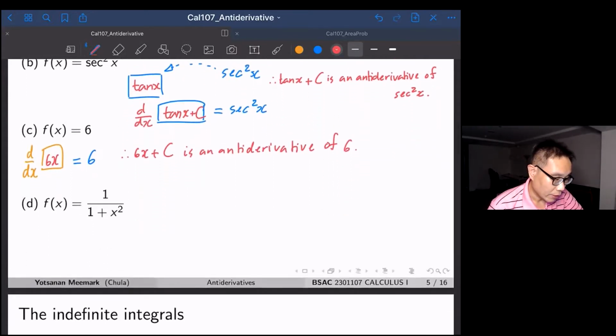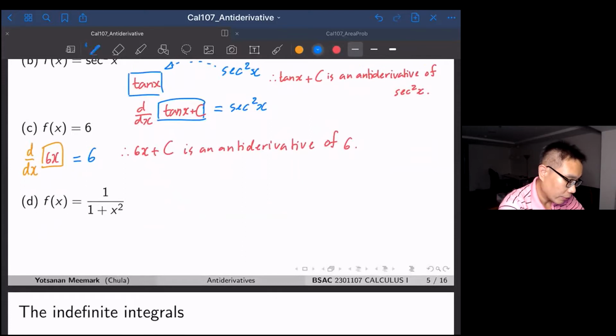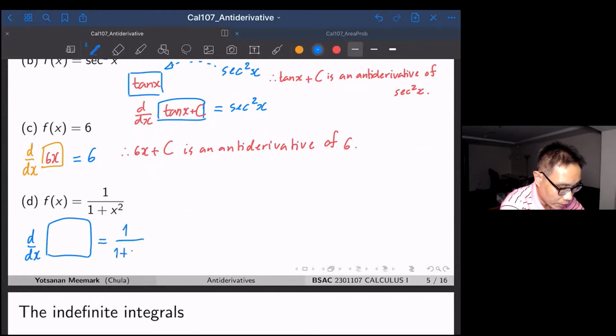And finally, you're going to differentiate what equal to 1 over 1 plus x squared. Okay, and for this one we learned that when you find the derivative of arctan x, you will get this number.